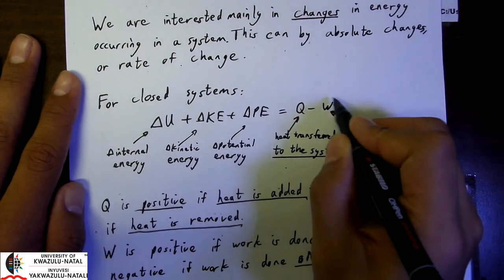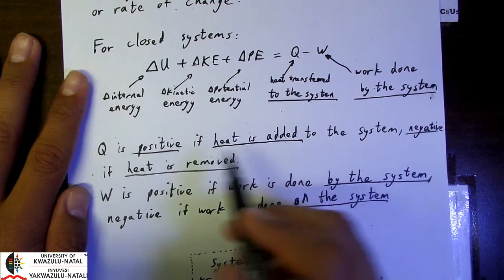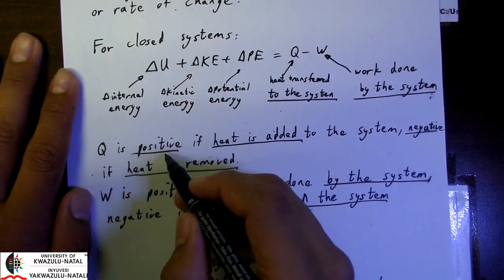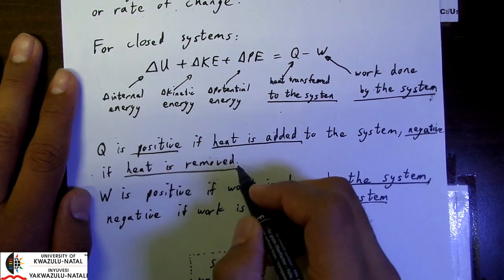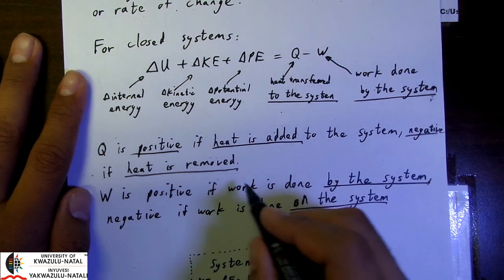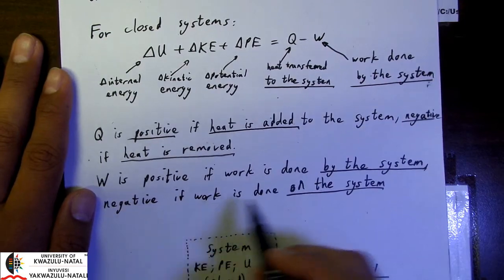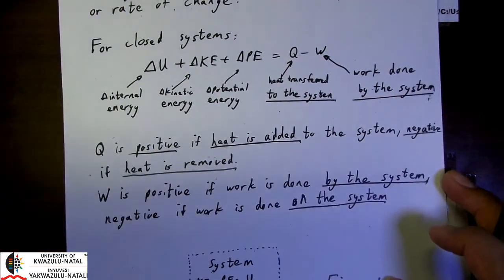There are many different conventions of this. In this particular case, we are looking at the convention of Q being positive if heat is added to the system and negative if the heat is removed. And our work, W, is positive if work is done by the system and negative if work is done on the system.